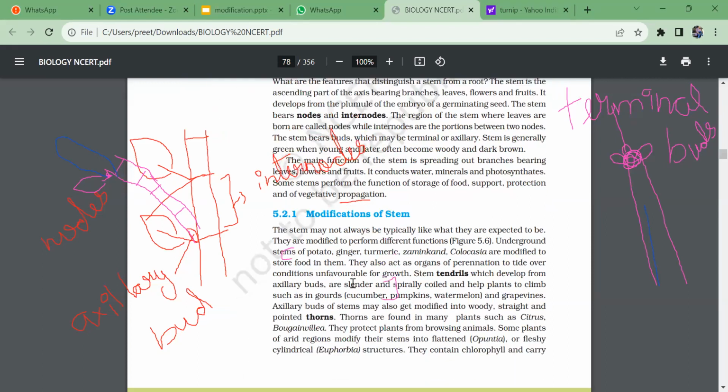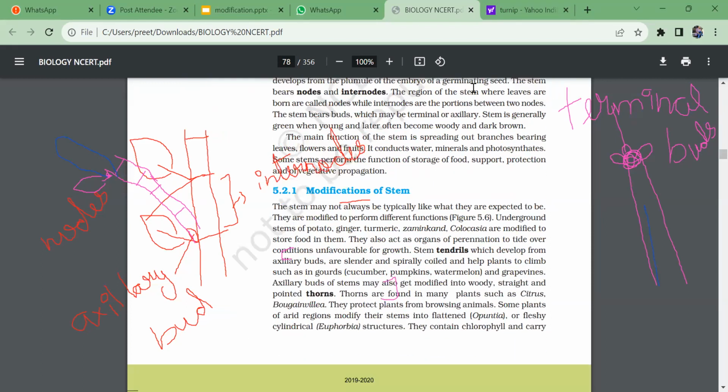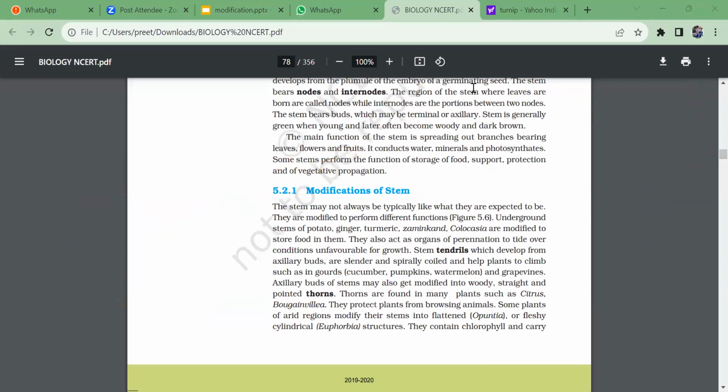Next, we will move on to modification of stem. Okay. Now let's see what and all modifications we will see in the stem.